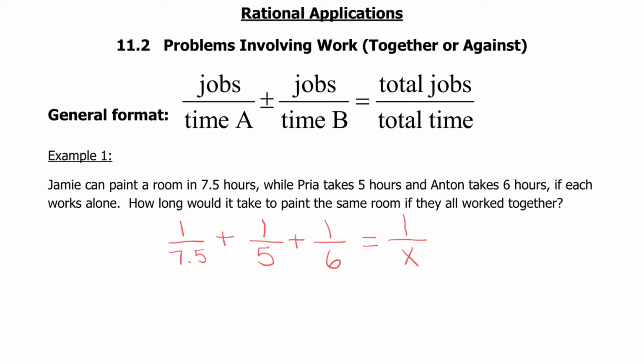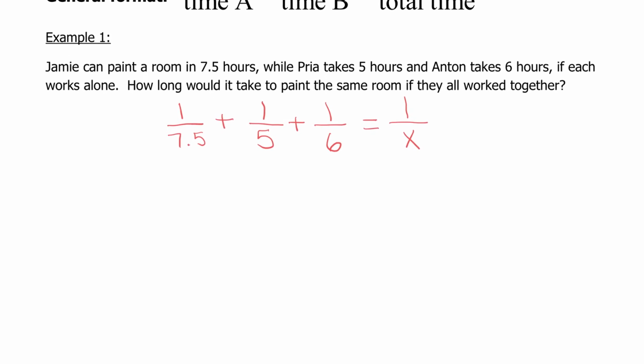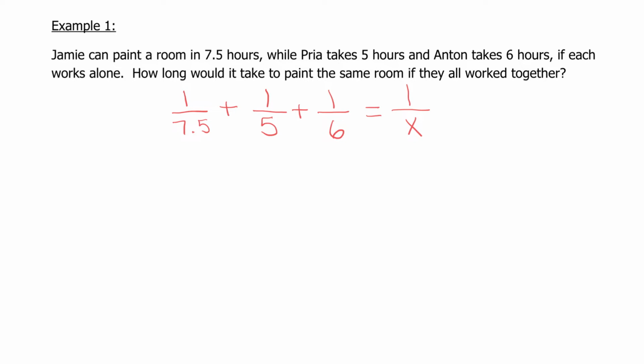So we're going to solve this just like we did in the last unit with rational functions, right? So we need to get a common denominator to be able to multiply all the way through. So I'm just going to multiply these together. 7.5 times 5 times 6. That comes out to be 225.